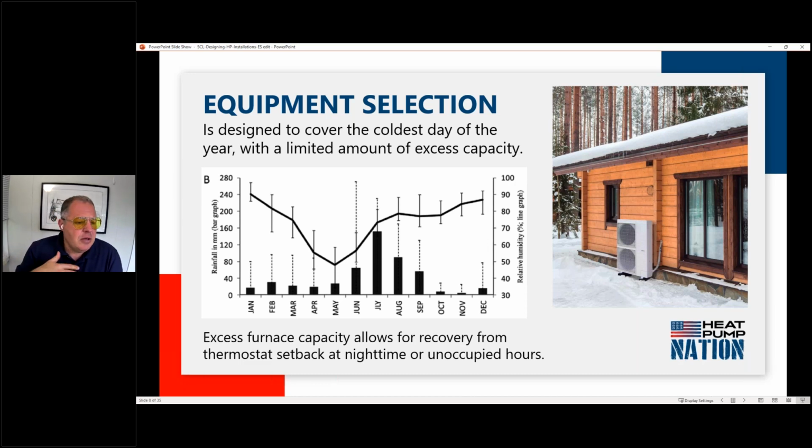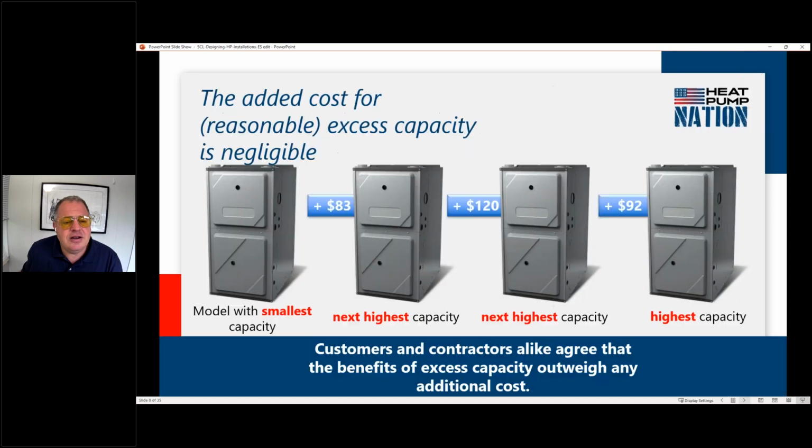To accomplish this quick recovery, you need that excess capacity in the system. So typically heating and air conditioning contractors have this excess capacity built into their designs. Now, for a modern variable capacity heat pump, we don't do that because it becomes much more expensive to do that. And I'll explain why in a minute.